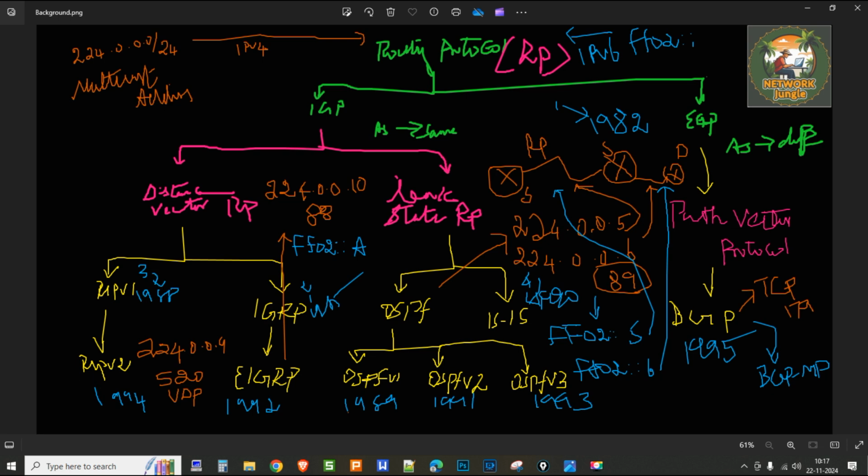The next generation of the RIP version for IPv6 is RIPng. It is used for the IPv6 protocol.